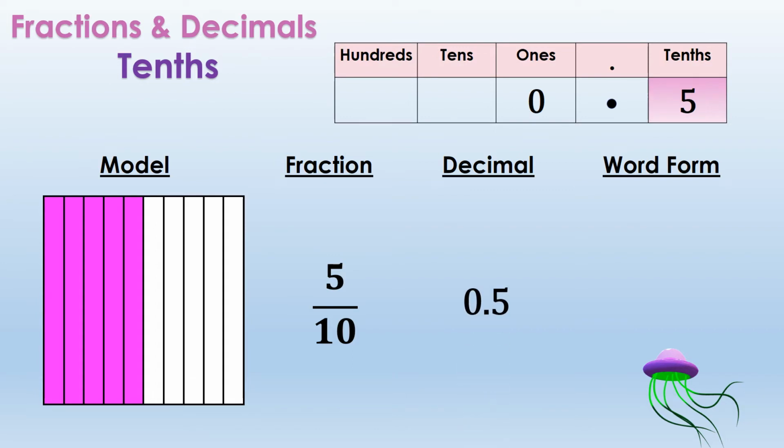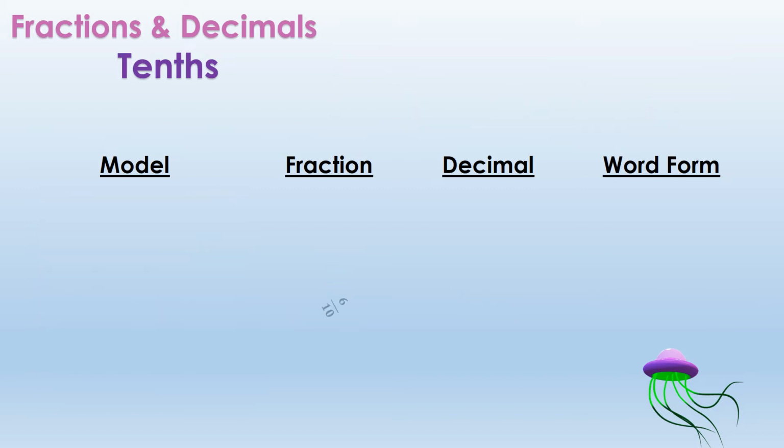I have 0 decimal, because I don't have any ones. I have 0.5. If I wrote that in word form, it would be just as I read it, five tenths.